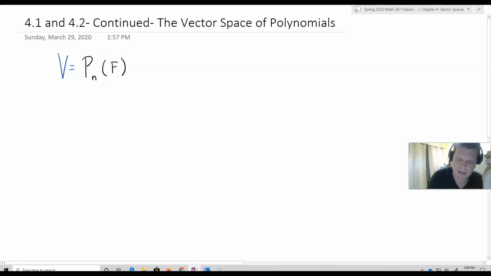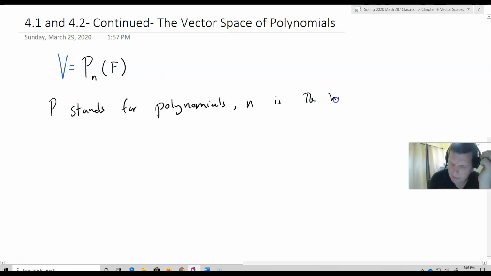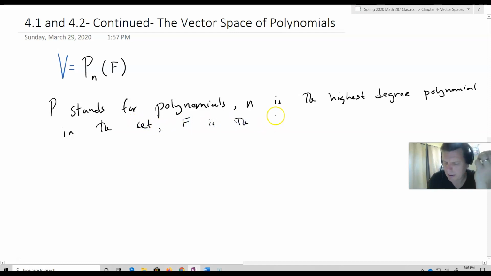All right, and so P stands for polynomials, n is the highest degree polynomial in the set, and F is the group of coefficients, called the field, but group of coefficients.